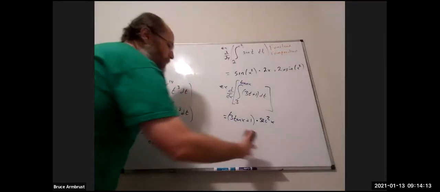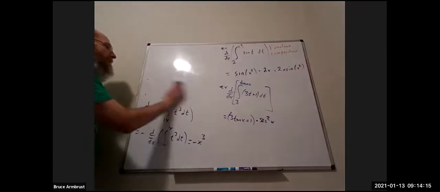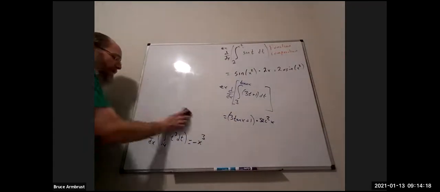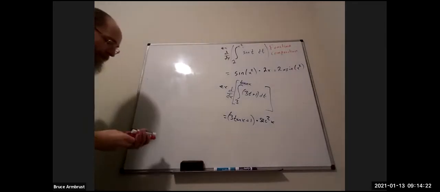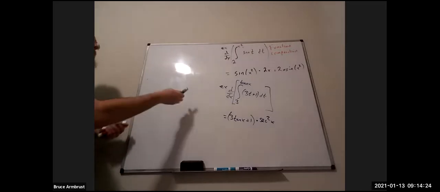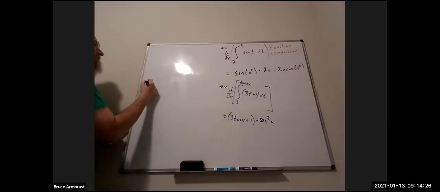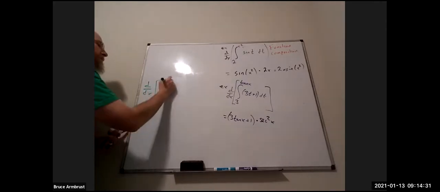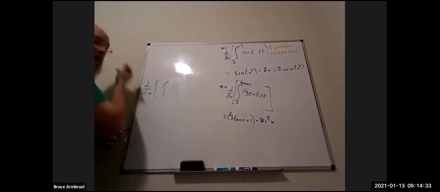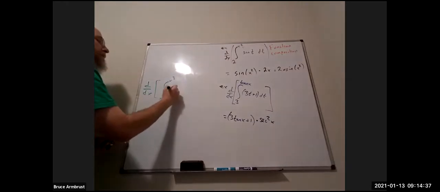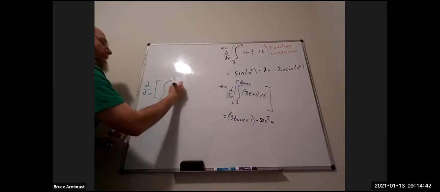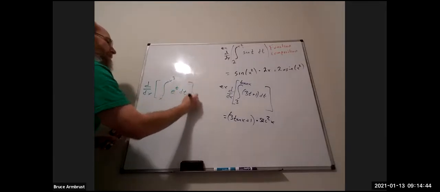All right, let me show you one more variation on this, because sometimes you'll run into this problem. We're going to keep doing this whole derivative of integral stuff, but this time, let's differentiate the integral from x to x cubed, and let's just put on the inside e to the t dt.